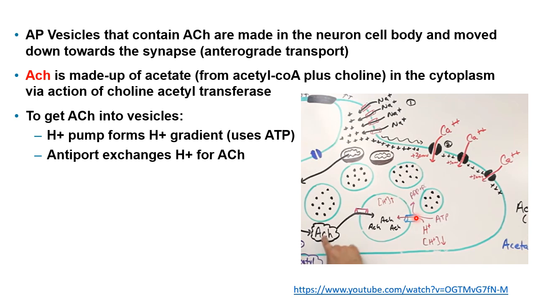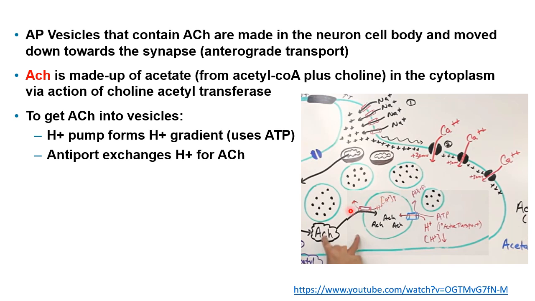It has to be packed inside there, okay? To get acetylcholine concentrated in the vesicle, you have two things going on. You have a proton pump that keeps on putting protons inside the vesicle, and that uses ATP. And then you have an exchange channel that is going to exchange a proton for an acetylcholine. And this is how acetylcholine gets packed inside of the vesicles.